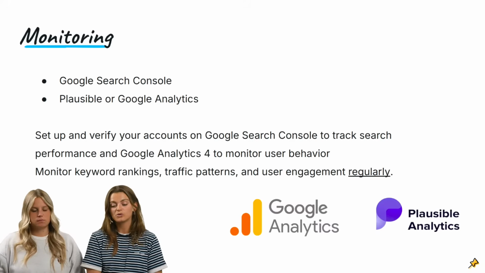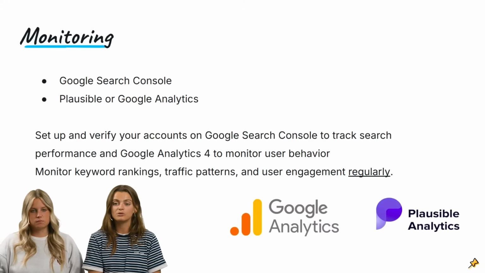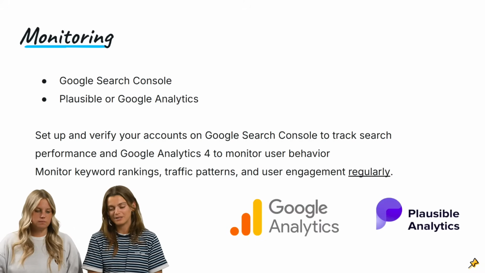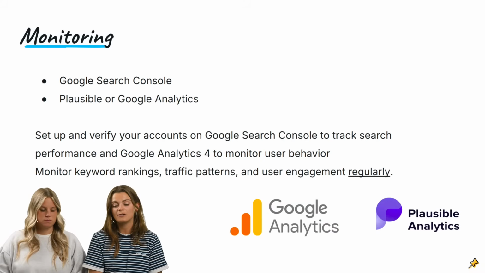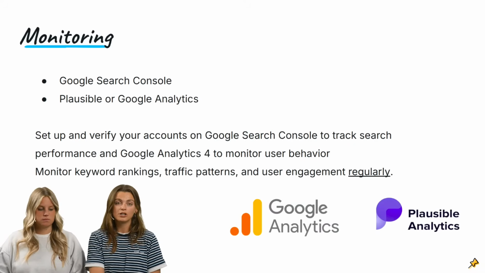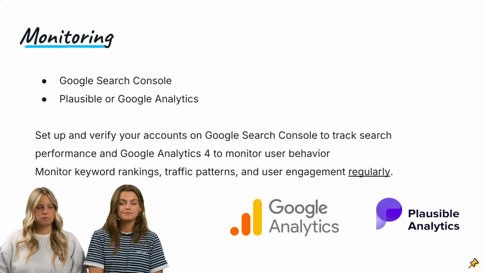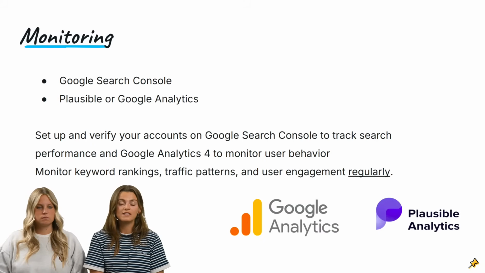And then we also suggest installing either Plausible, which is already integrated within Odoo, so you don't even need to go outside of your database for online databases, and or Google Analytics, which both give you very interesting information about your customer behaviors. So how long have they stayed on the page?